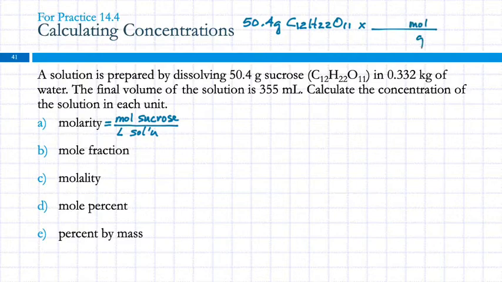So we're going to divide by grams, and we're going to need the molar mass. So 12 times the mass of carbon, 12.01, plus 22 times the mass of hydrogen, 1.008, plus 11 times the mass of oxygen, 16, gives me 342.3 grams.